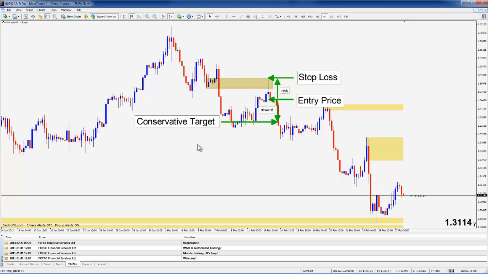So what I've done is I've marked out the most conservative target you could shoot for. It's the most conservative target because we're actually targeting a higher low. And if you're targeting a higher low on a trade that the structure and the price action is saying is going to make a lower low, then obviously that is your safe play. You don't have to be that safe, and there are several extremes you can go.